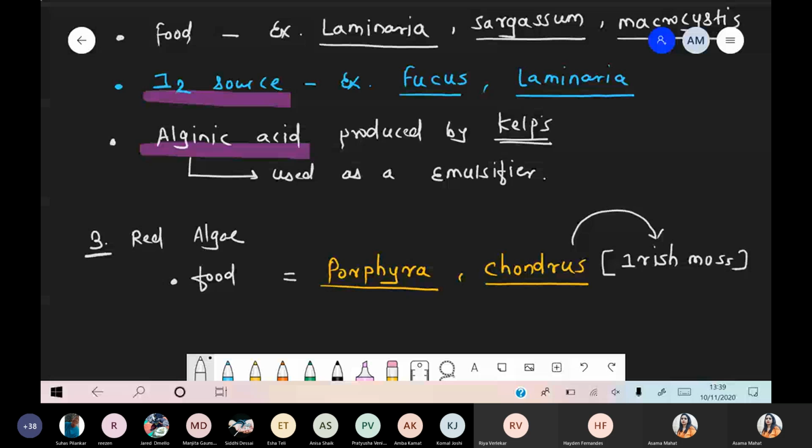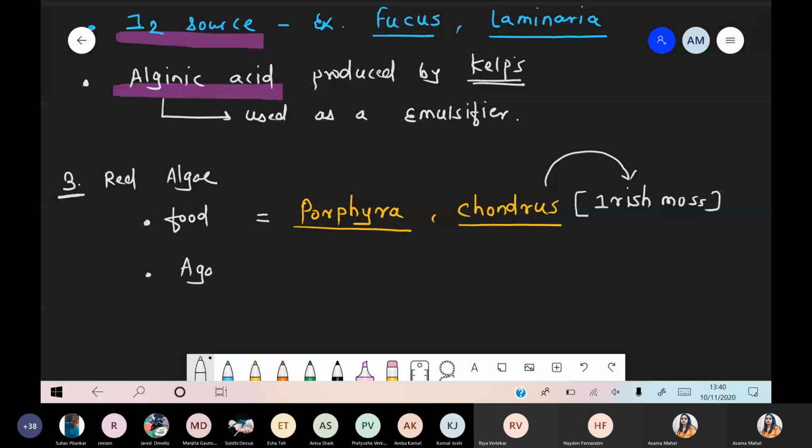Now, the second example, we are talking about as an agar source. Just as we discussed, two examples: number one Gelidium and Gracilaria.